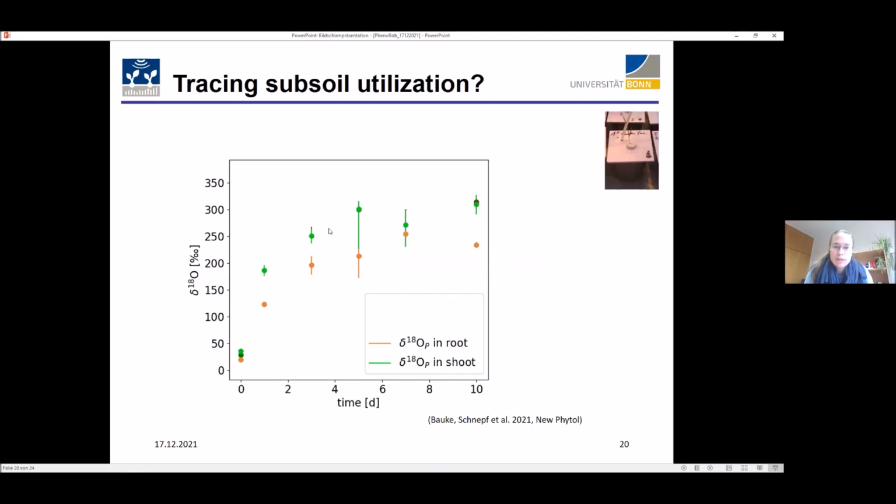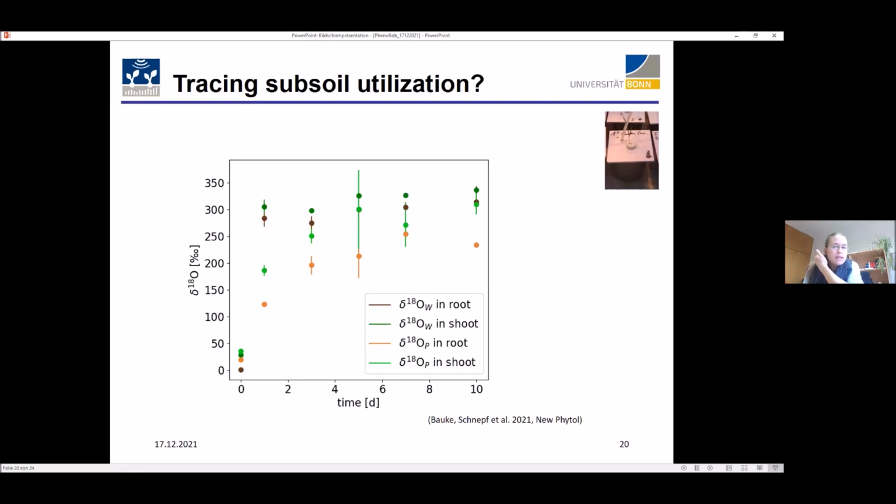The green dots here indicate the shoot values, and the orange dots indicate the root values. You see that both for roots and shoots, we have an increase in isotope values, so there is some exchange happening already within the first 3 to 5 days.